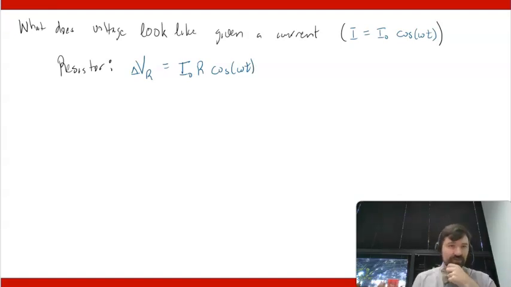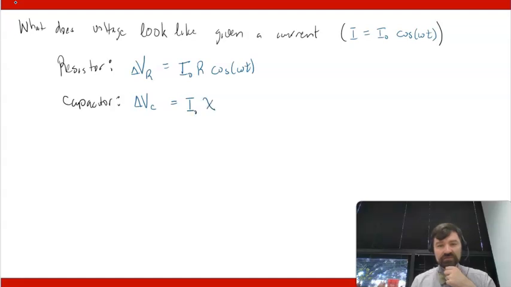For the capacitor, what we ended up getting was that the voltage drop, we could call this delta Vc, looked like essentially I naught times some reactance, we could call that X or chi sub C, and then we ended up with a cosine term but with some phase difference.